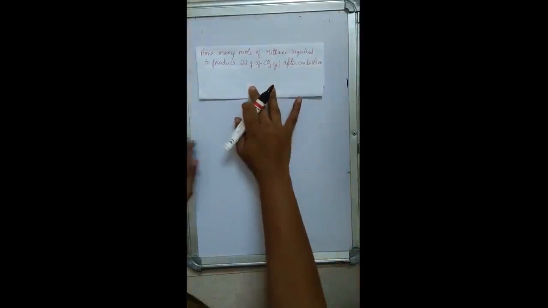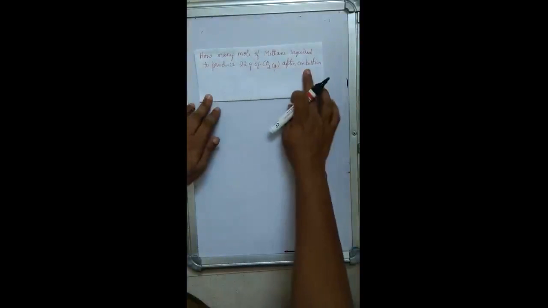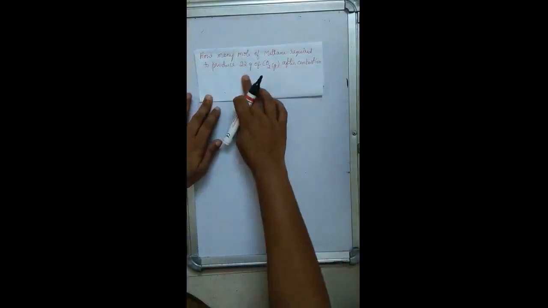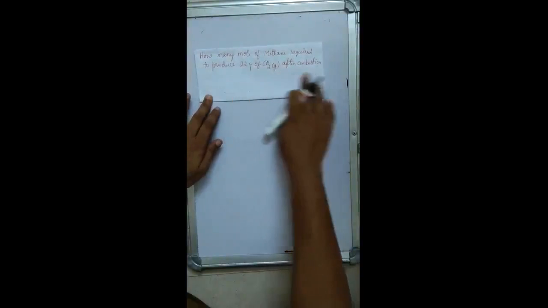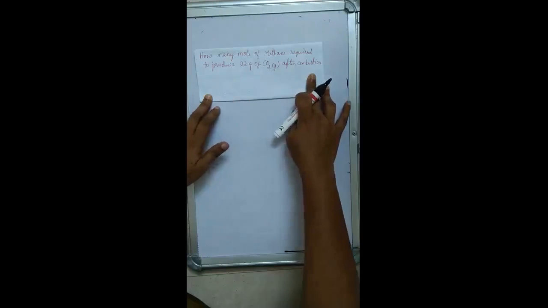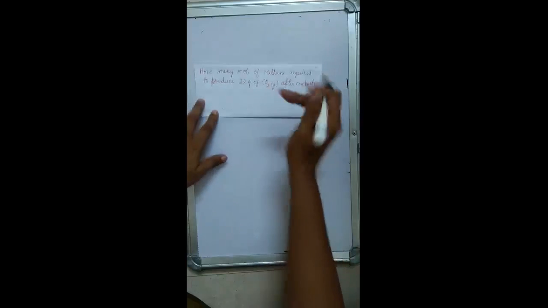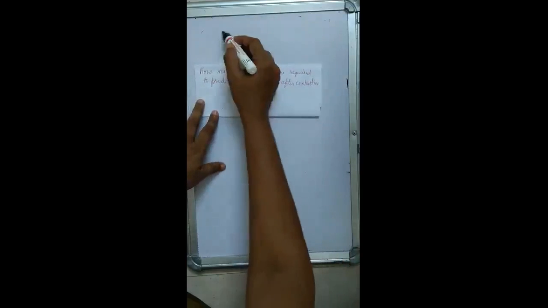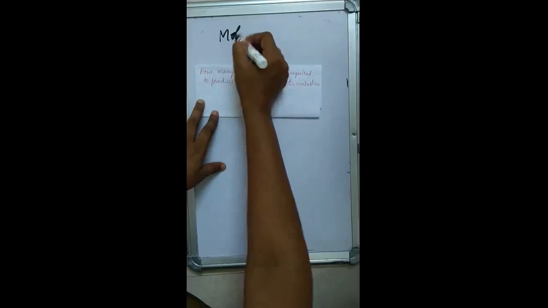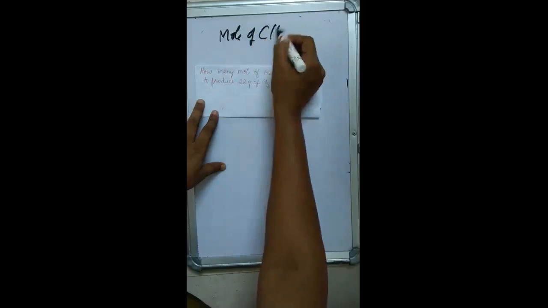Okay, next problem. How many mole of methane required to produce 22 gram of carbon dioxide after combustion? Understand the question properly. How many mole of methane required? That means the question is asked with respect to mole of methane.